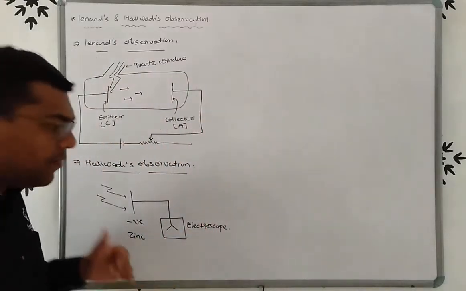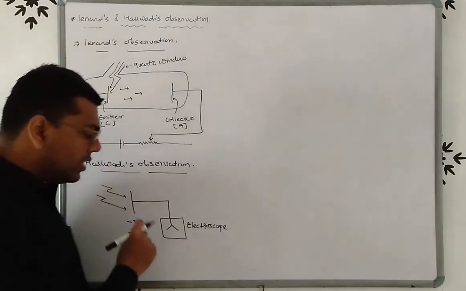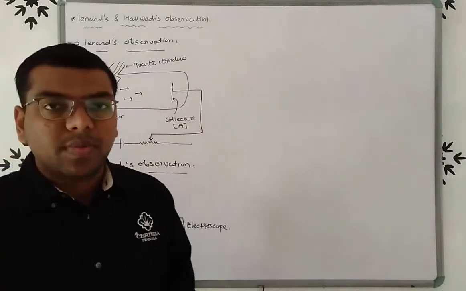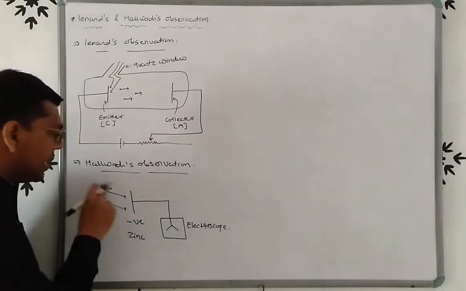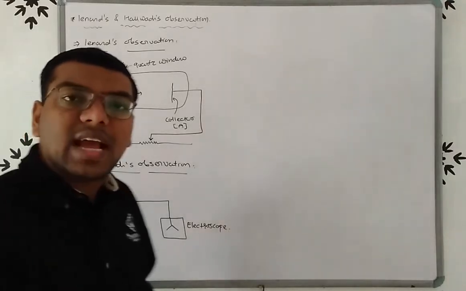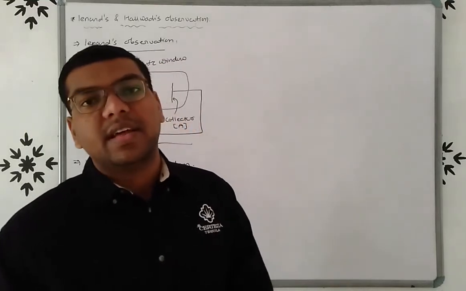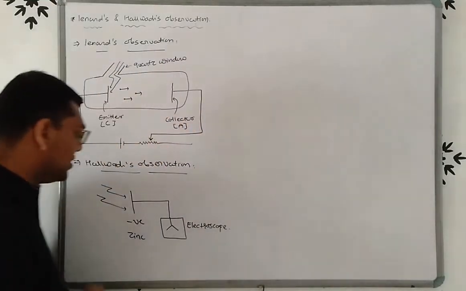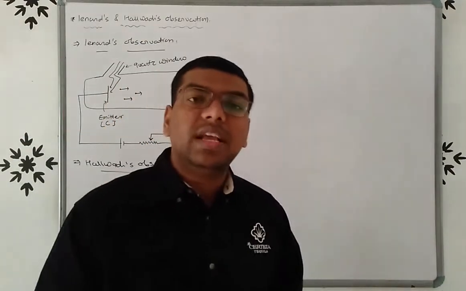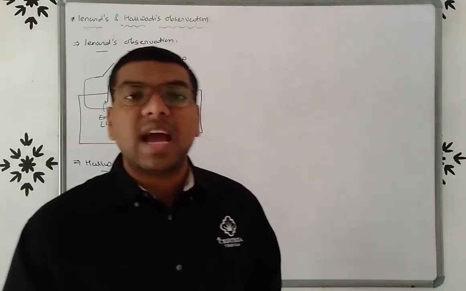Once again I repeat, first observation: Hallwachs joined the negatively charged zinc plate to the electroscope, and you observe that as the UV rays are incident on the negatively charged zinc plate, the charge starts decreasing, right? Second observation, when the UV rays are incident on the uncharged zinc plate, then the charge starts increasing.